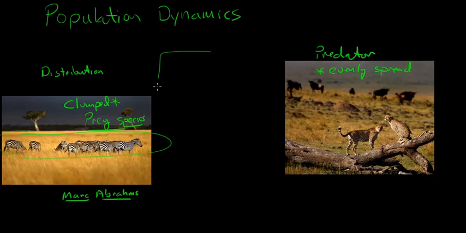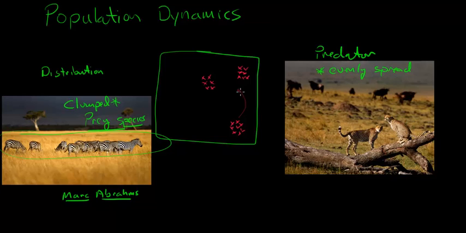So if we're looking at a large area and in our population, we might see that the predator species or the prey species find themselves in clumps here around water holes and food sources and things like that. And these clumps might be moving around, but still in clumps.